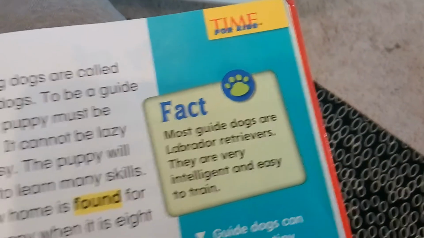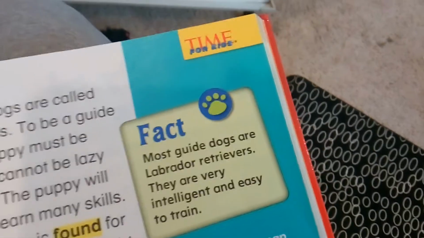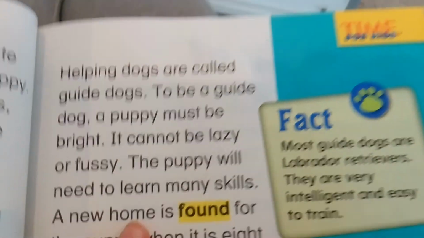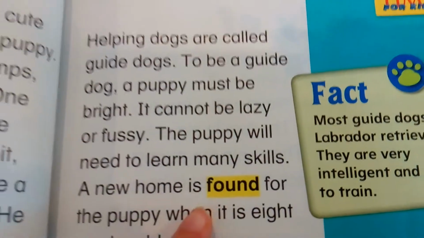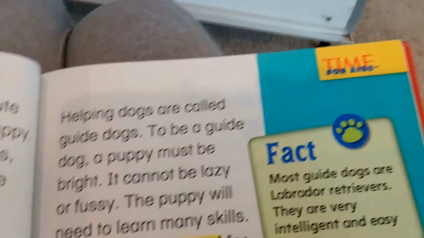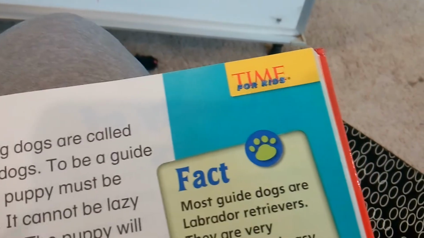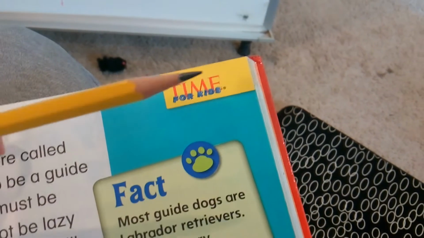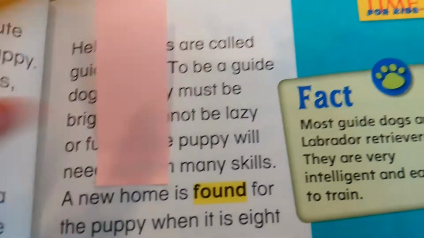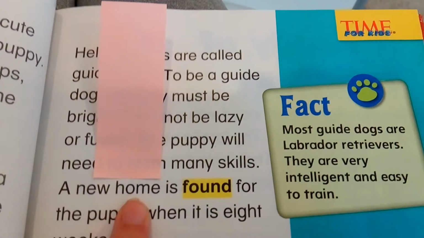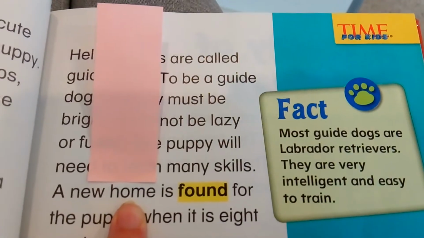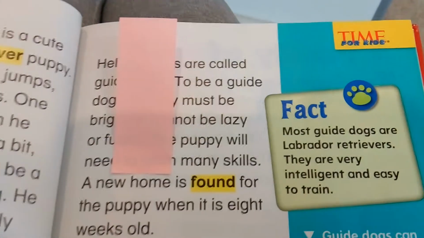So when looking through this text, I see, oh my goodness, a home is found. Ooh, so I know that we're looking for home. So I'm going to put my Post-it note right on home because that's telling me the key detail of what is found. Now I'm also looking for how old that puppy is.